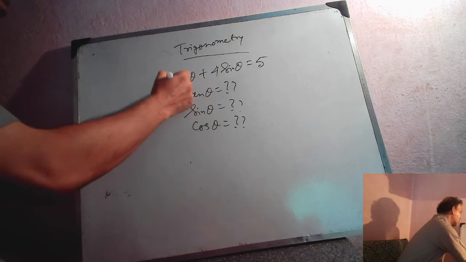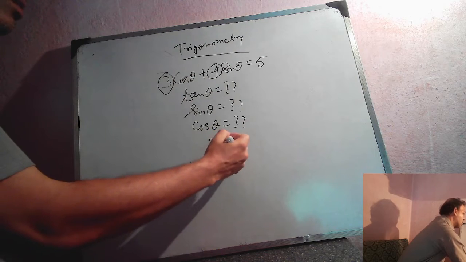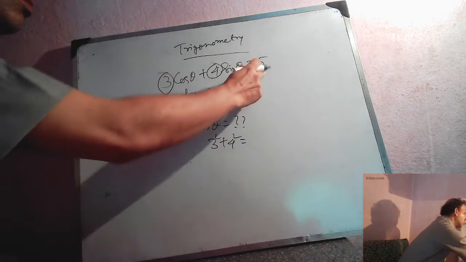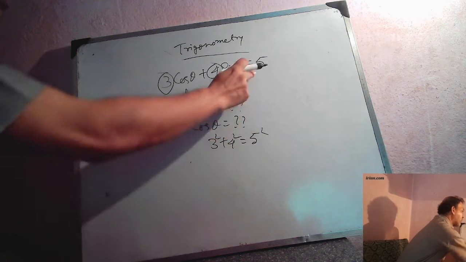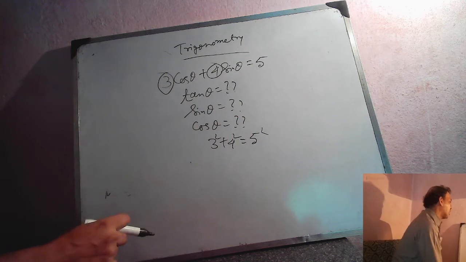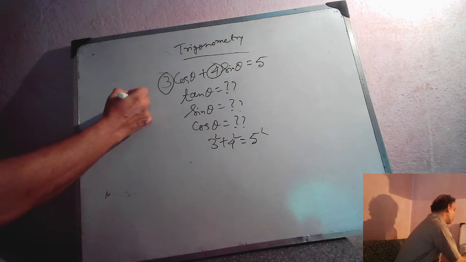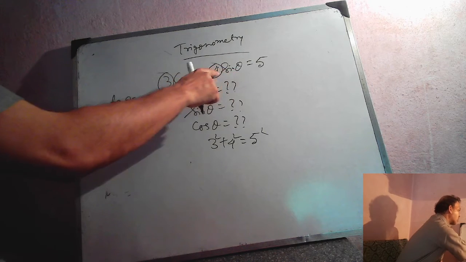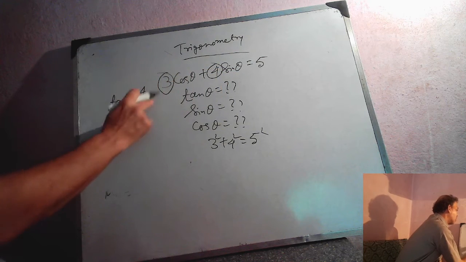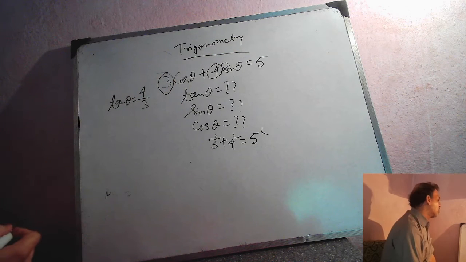When 3 square plus 4 square, 9 plus 16, 25, equals 5 square, in that case we need no calculation. Write simply tan theta equals coefficient of sin. Tan means sin by cos. Now the coefficient of sin is 4, just put 4 by the coefficient of cos, 3. So tan theta equals 4 by 3.